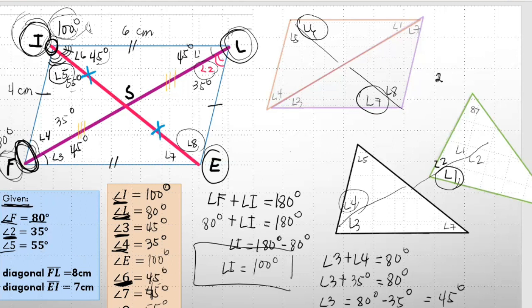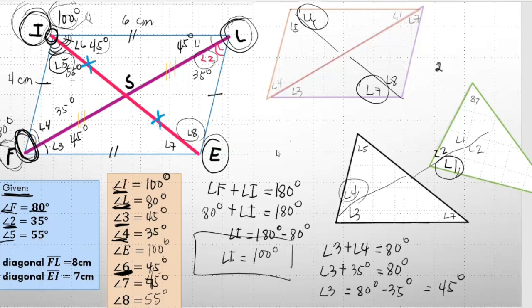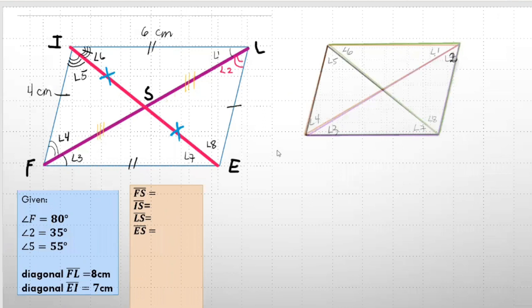Okay? So now, if we have already found the missing angles of our given parallelogram, ngayon hahanapin naman natin yung missing measurement of our sides. Okay? So now, missing sides or missing line segment natin. Okay? So we have here the given diagonal FL, which is 8 cm.